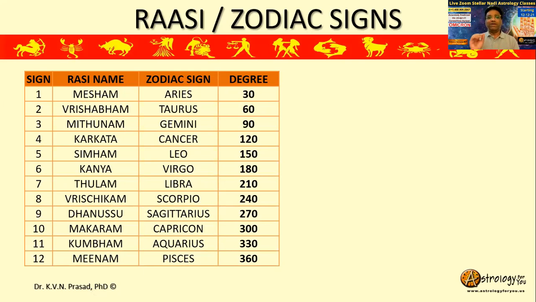For mathematical purposes, we say it is equal. In reality, it is not exactly 30 degrees; some signs are a little bit longer. But for all practical purposes, the whole world has agreed that each sign is 30 degrees. So that is the thing.